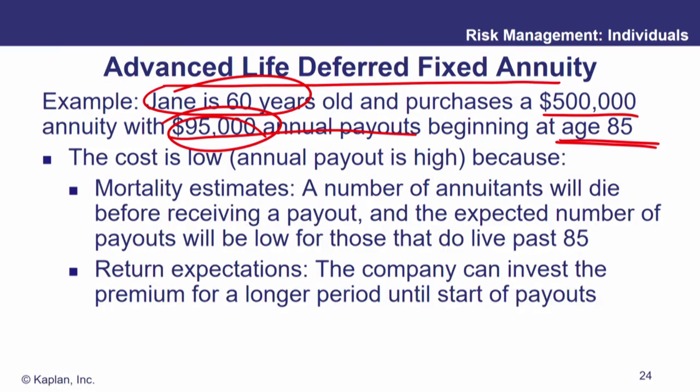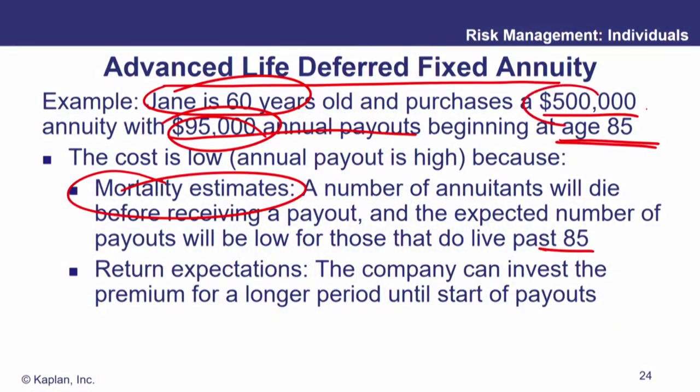And the insurance company is not going to charge you very much in relation to that annual payout quote, for a couple of reasons. Mortality estimates. A lot of individuals will die before they collect anything. So the company doesn't have to charge very much on these policies. The people who do live to age 85, they're probably not going to live a long time after that, so the number of payouts the company will have to make will be fairly low on these advanced life products.